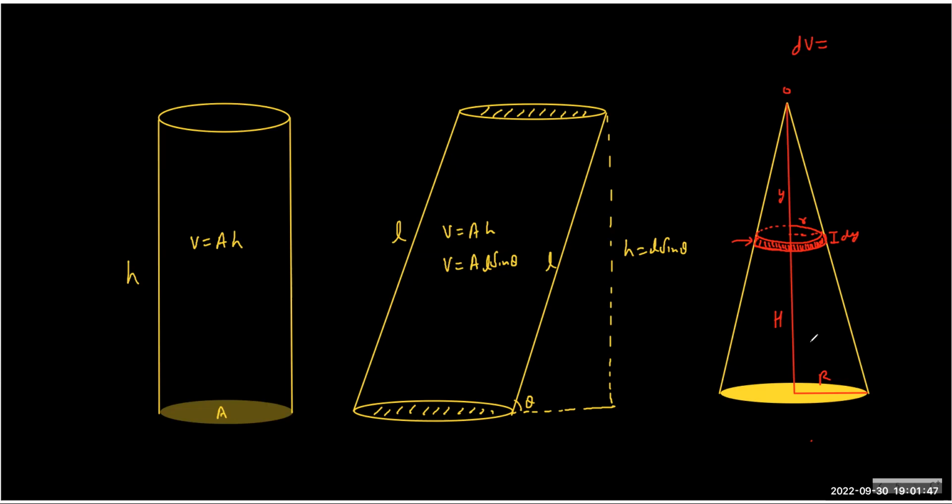So you can take this out, and you can treat it as a thin cylinder. So it is a disc or cylinder whose height is dy and radius is r. So what is the cross sectional area?